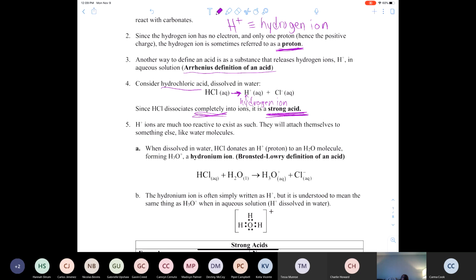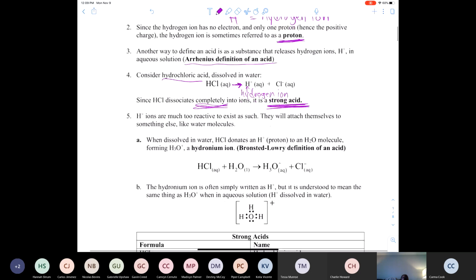Strong acids dissociate completely into their individual ions. H+ ions are very reactive, and therefore do not stay in ionic form very long because they want to react with something. They're going to react and attach themselves to something else, like water molecules.